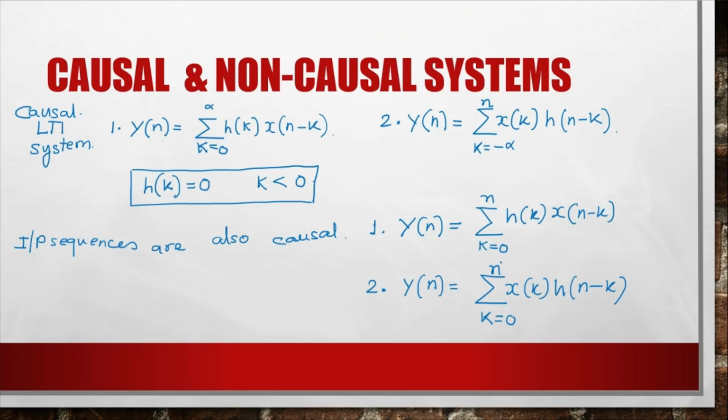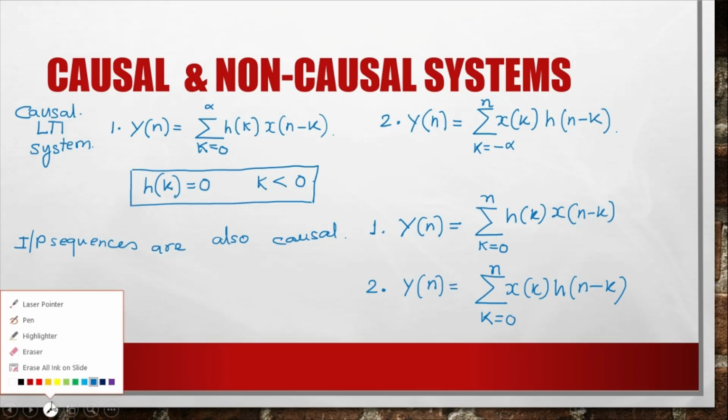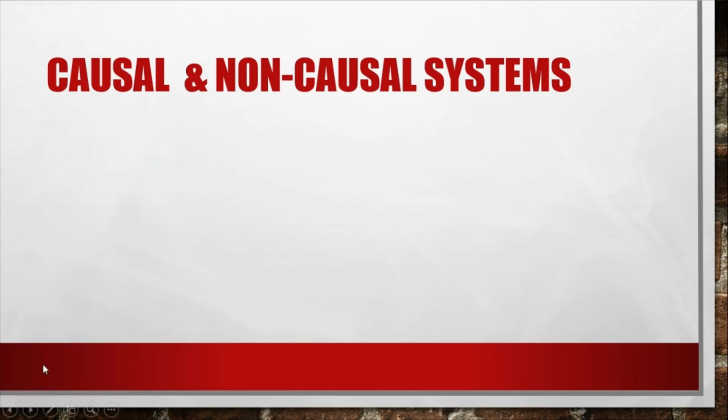So here you can find that both of the limits are similar. When the input sequence as well as the system is causal, the limiting values are the same, but here the limits are different. So be careful. Now I am going to give you a numerical example so that you can understand how to identify a causal system.